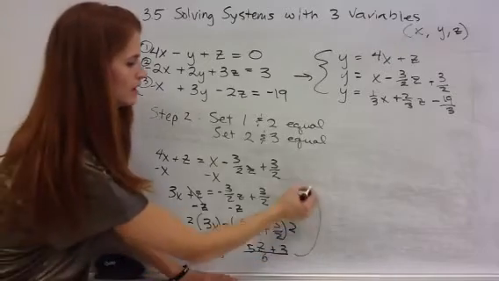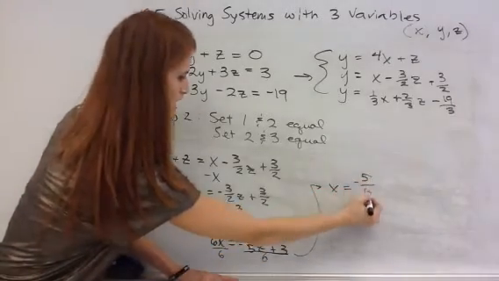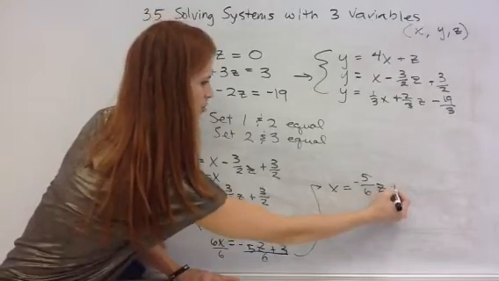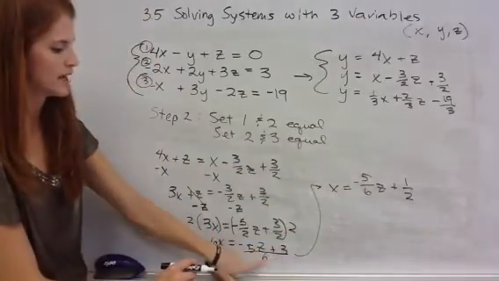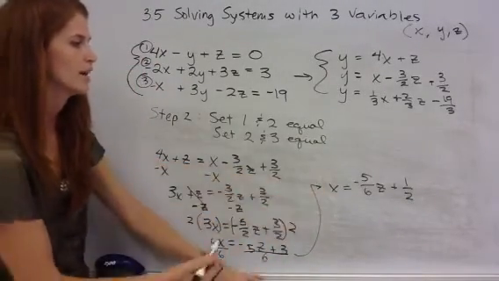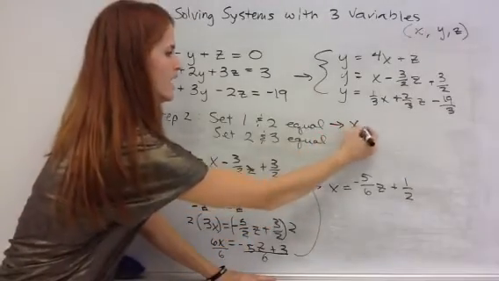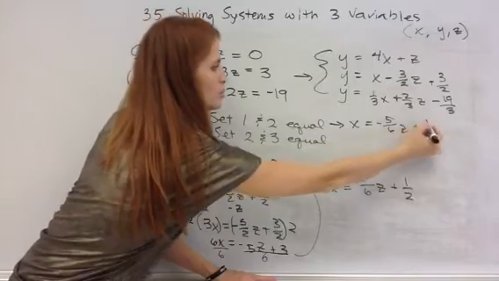And it will tell me that x equals a negative 5/6 z plus 1/2. The 1/2 came from 3 divided by 6, and I reduced it down to 1/2. So now I have x all by itself, and x equals a negative 5/6 z plus 1/2.